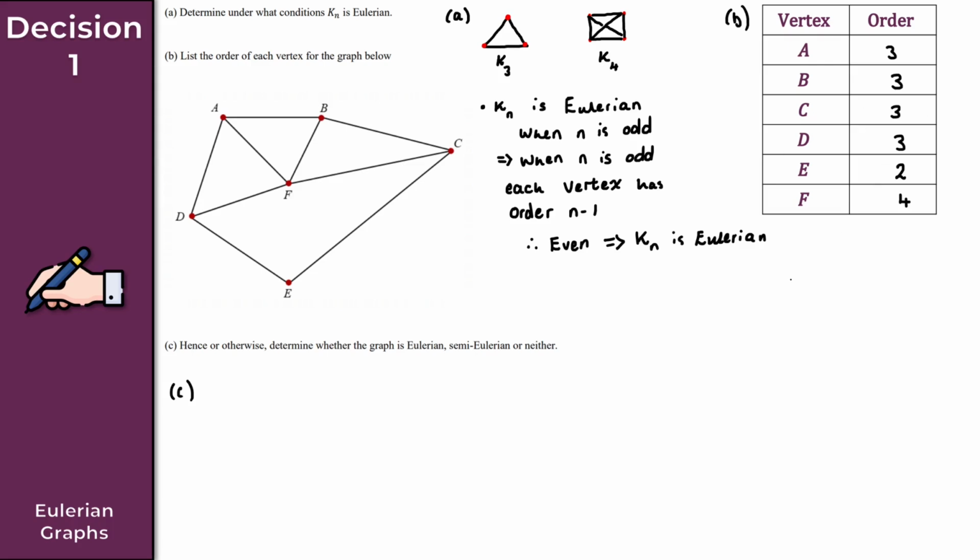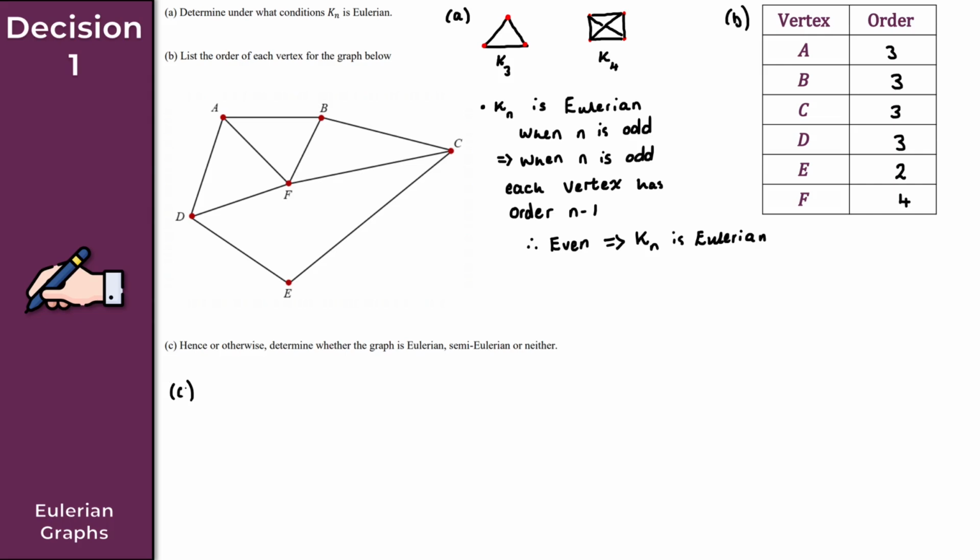Now, if we have exactly 2 vertices with odd degree, then the graph will be semi-Eulerian, which clearly, again, this will not be the case here because I've got 1, 2, 3, 4 vertices that are odd. So what that means then is this graph here is neither Eulerian nor semi-Eulerian.